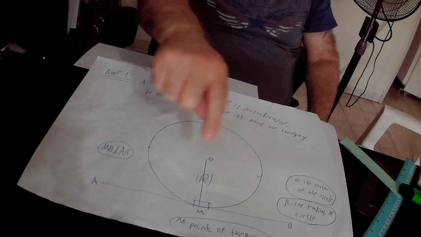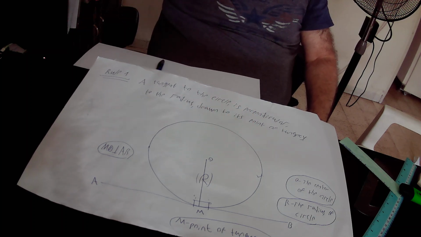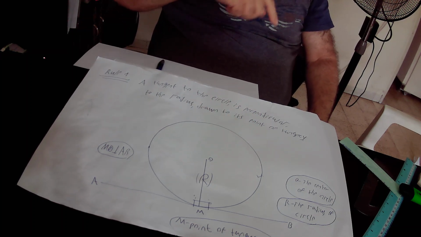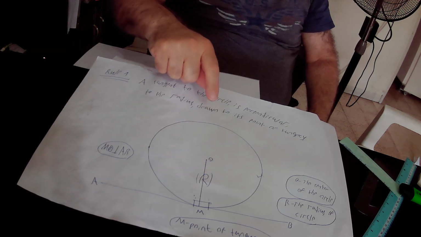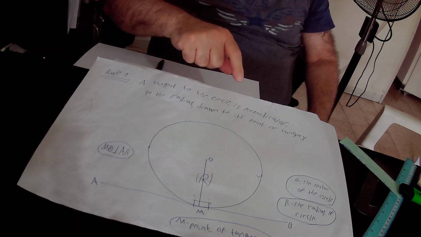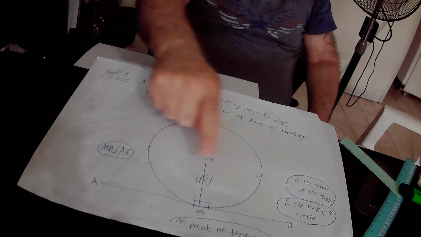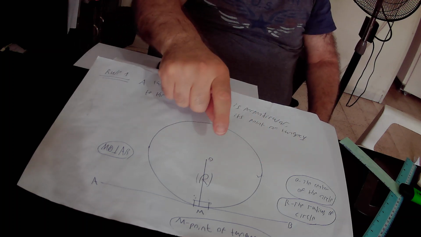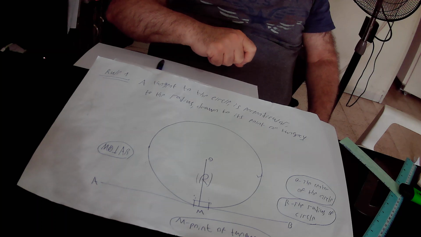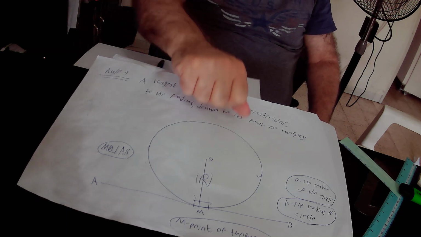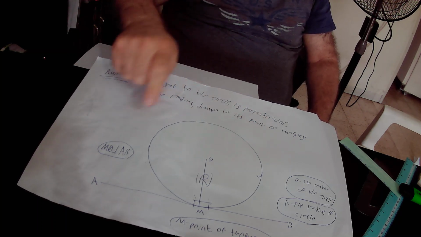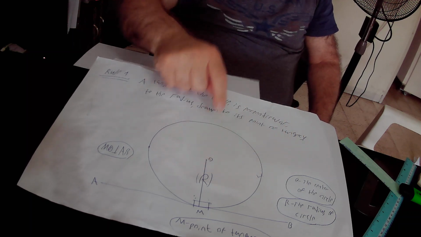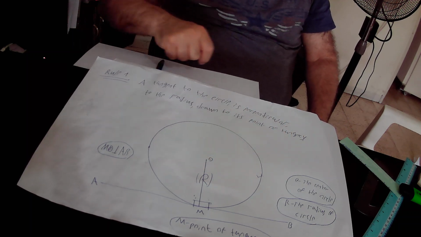So in the drawing we have a circle, and we have the radius OM that is drawn to point M, the point of tangency of line segment AB with this circle. And whenever we have a radius drawn to the point of tangency, then AB will be perpendicular to the radius MO.